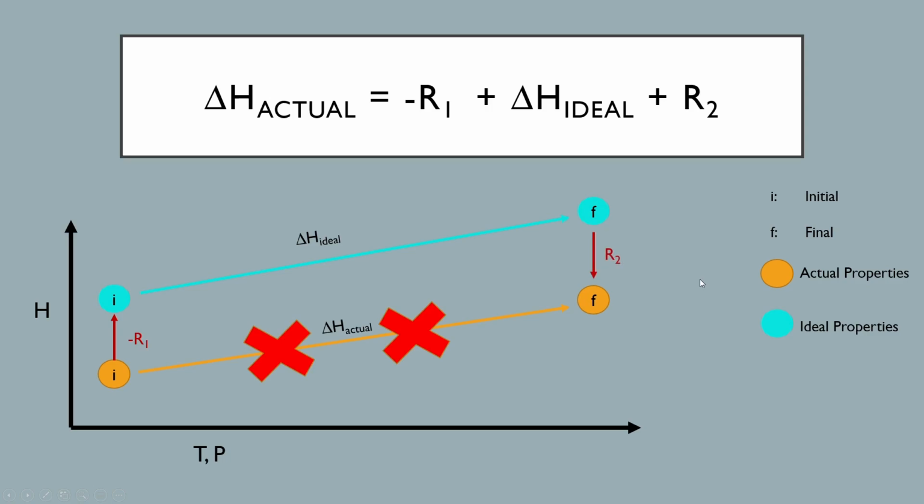And this workaround works for any problem where both points are not ideal. So we're going to be subtracting the first residual because we have to go towards the ideal. Then we're going to be adding the ideal enthalpy, and then also adding the second residual. So make sure you have that negative first residual. And we're going to be using that equation later on.